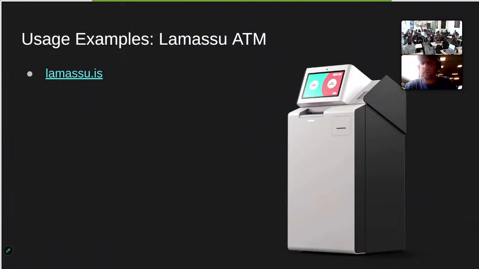I saw this one live in action at the Bitcoin conference in Madeira, Bitcoin Atlantis, where the organizer bought one of these. I think this biggest model costs around 13,000 euros. He set it up there, and basically the conference attendees could go to it and purchase Bitcoin or sell Bitcoin to it.